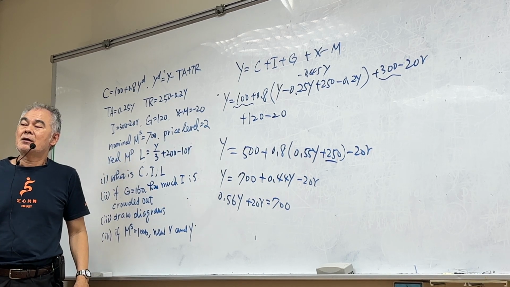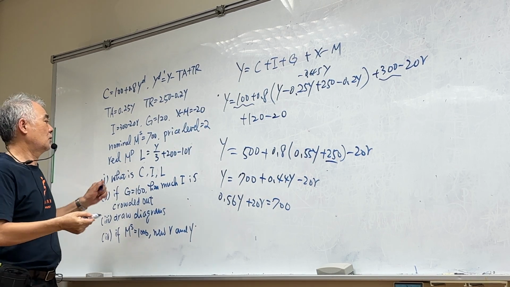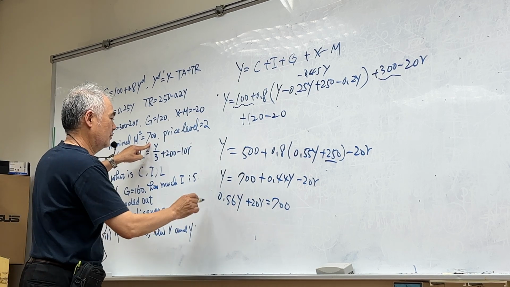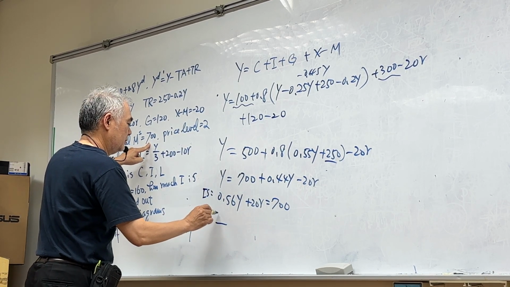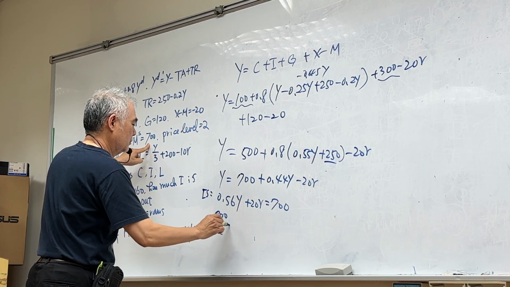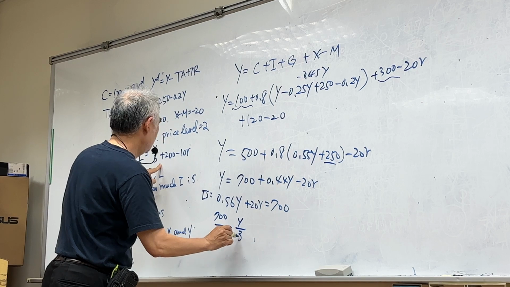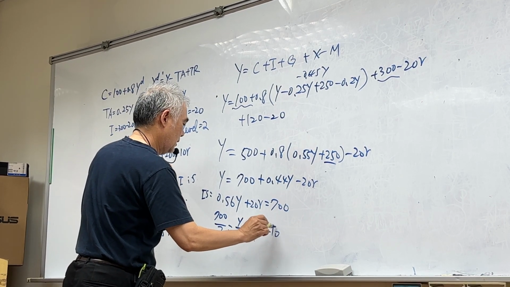You have to make real money supply equal real money demand. So this is IS, and then LM. So it will be 700 divided by 2 is equal to y over 3 plus 200 minus 10r.